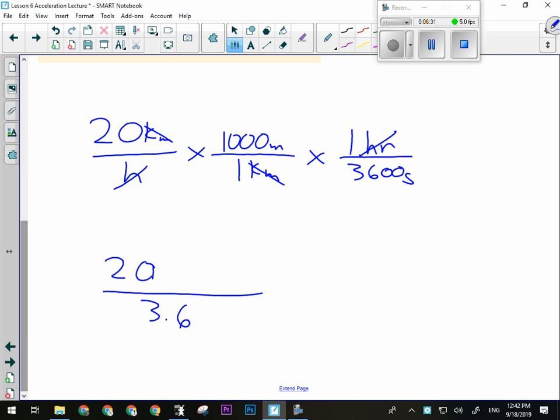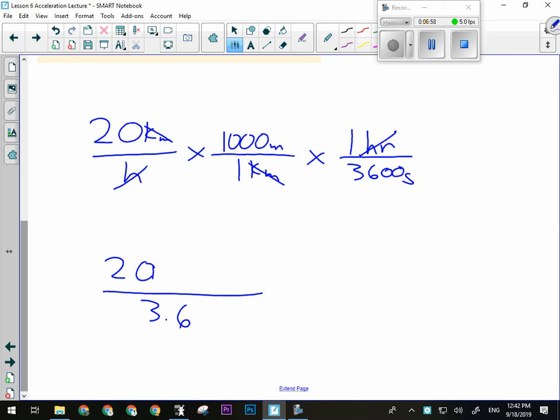Multiplying by 1,000, then dividing by 3,600 is effectively the same as taking one step where I divide by 3.6. Okay? So, if I want to convert from kilometers per hour to meters per second, I divide by 3.6. If I want to go the other way, I would multiply by 3.6. 3.6 is the magic number to convert kilometers per hour into meters per second.